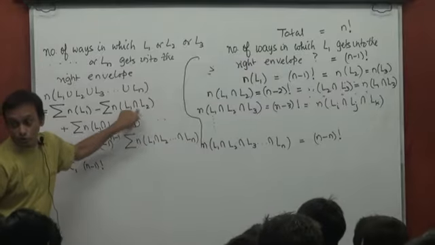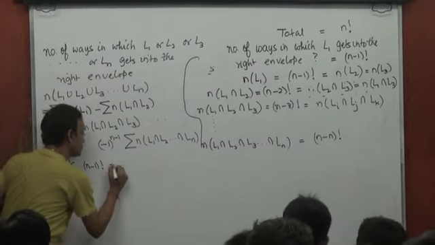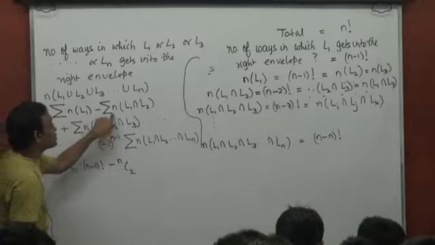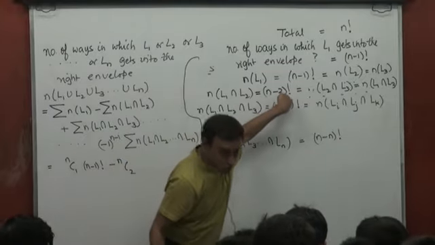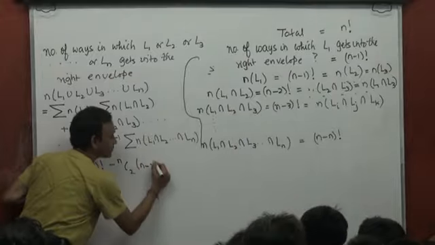How many terms in this summation? nC2 terms, taking 2 at a time of n sets, and the value of each term is n minus 2 factorial. So nC2 into n minus 2 factorial.